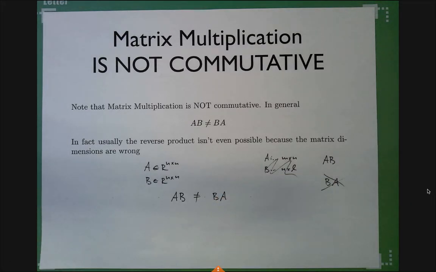What is the simplest example you can think of? 2 by 2 matrix. Or easier question, what is the simplest example where this happens to be true, like a very special case of matrices which actually do commute?